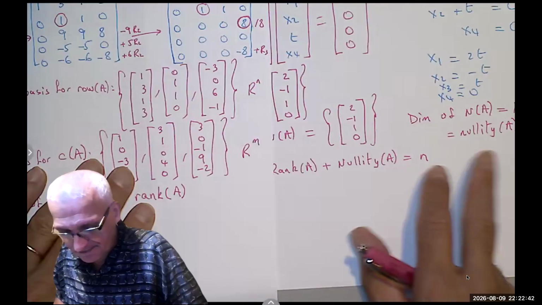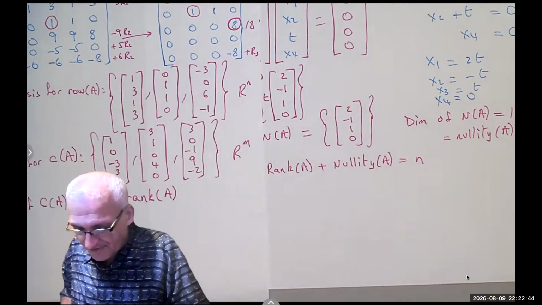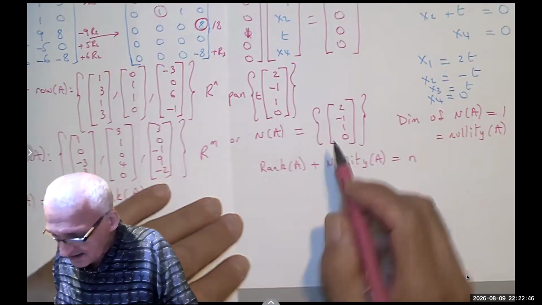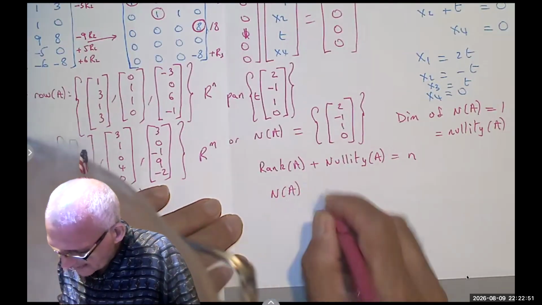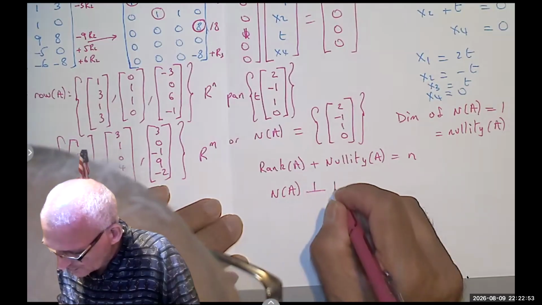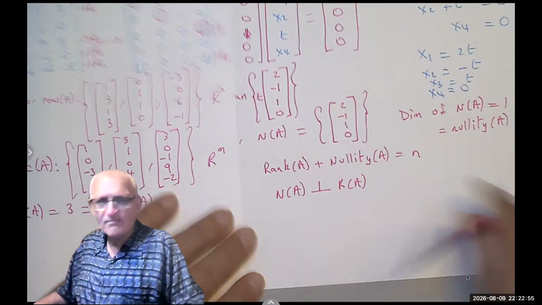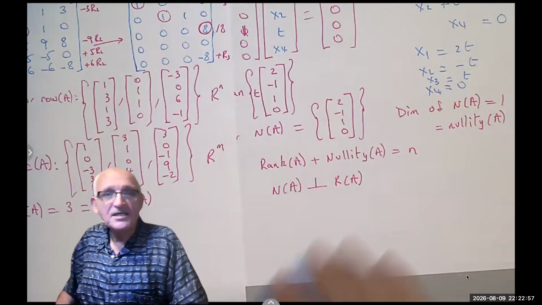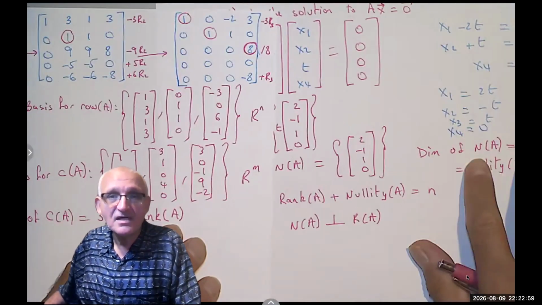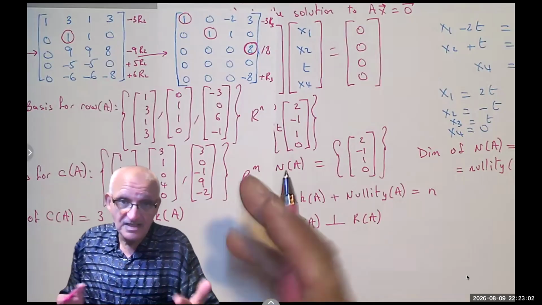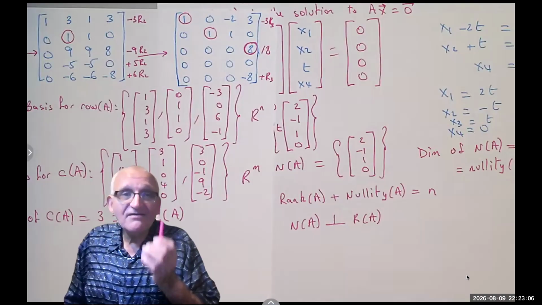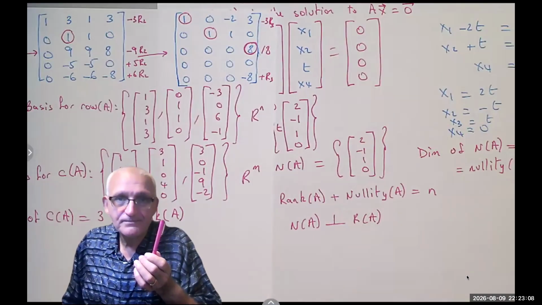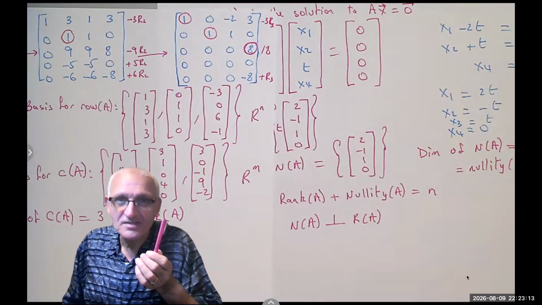Not only that, there is something important. The null space of A is perpendicular to the row space of A. What? Yeah, remember when we said 2 vectors are perpendicular if neither of them is 0, and these are not 0 vectors, if and only if their dot product equals 0.